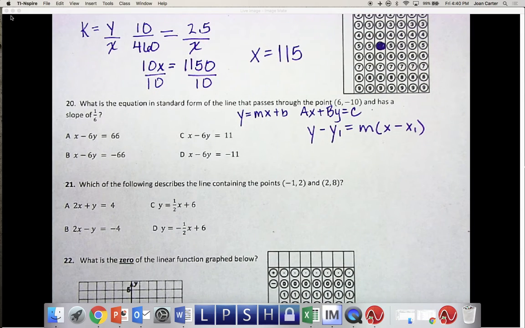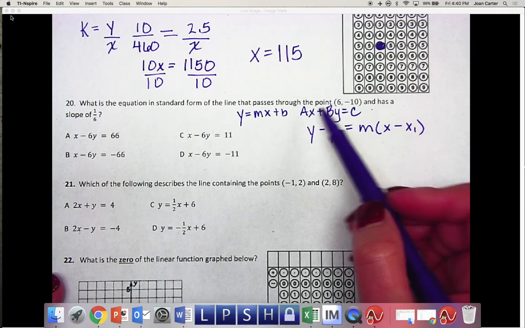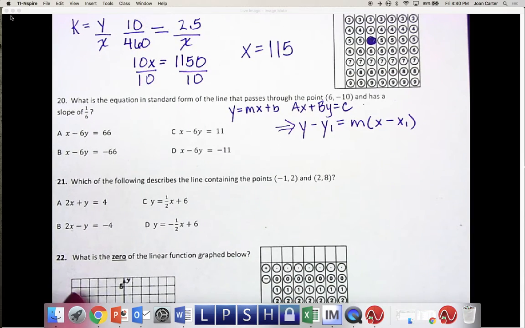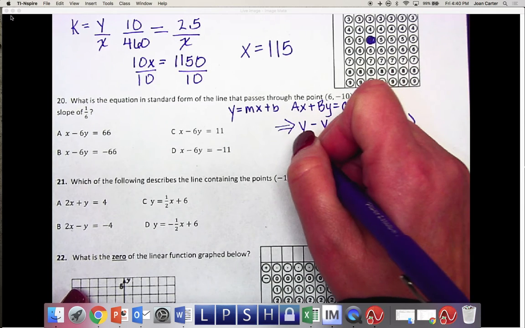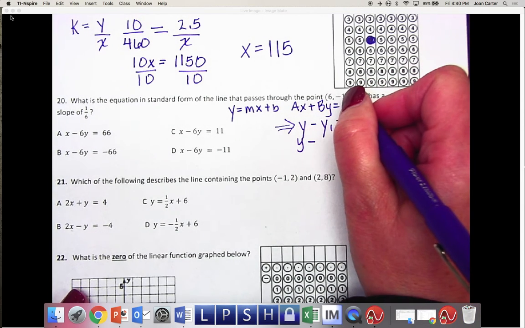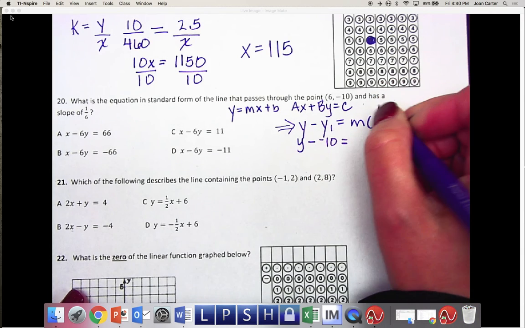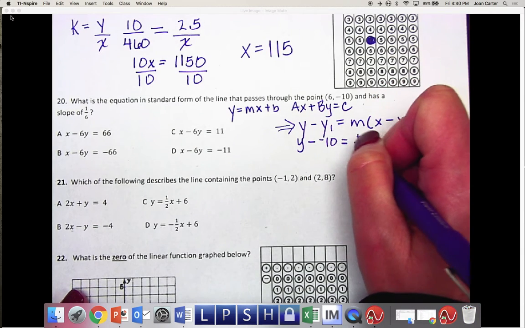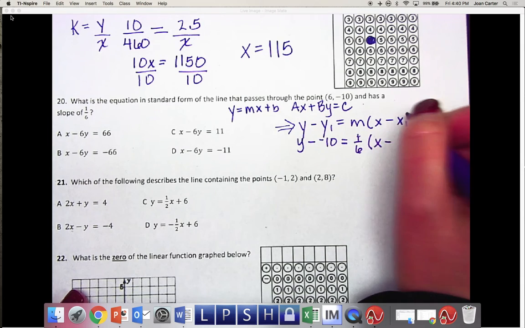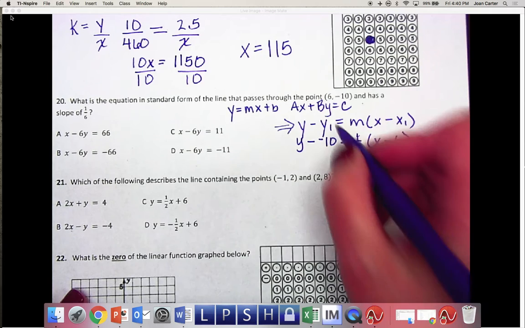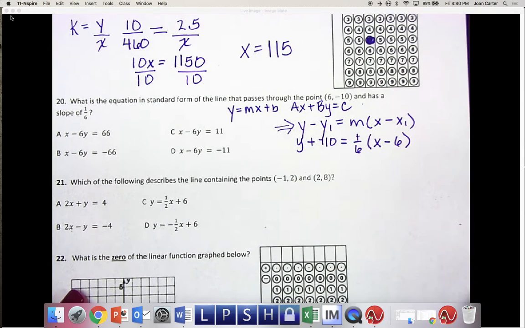Okay, of these three, in this situation, the point slope is going to be the one that's going to help us the most. Okay, I have a point, and I'm going to plug in my y1, which is negative 10, is equal to the slope, which is 1/6, times x minus x1, which is 6. Okay, I'm going to clear out my double negatives.